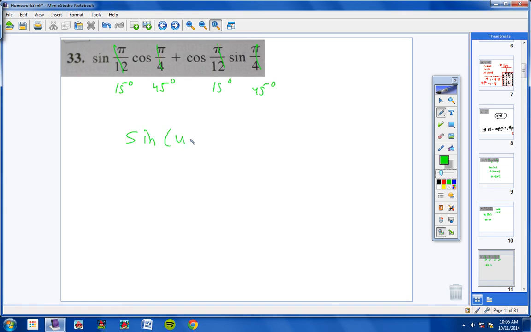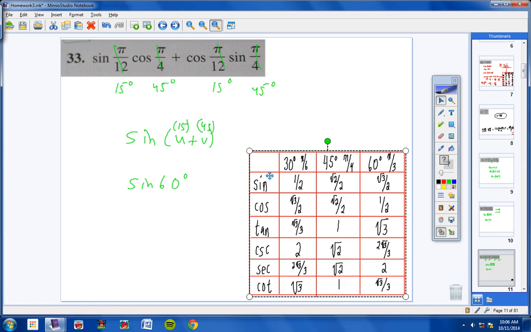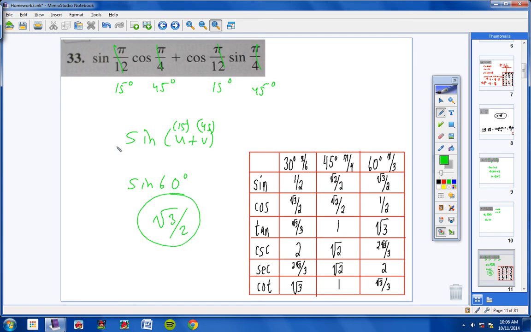Of course u is 15 degrees, and v is 45 degrees, and 15 plus 45 is 60, so we have the sine of 60. The sine of 60 is square root of 3 over 2, so we would have square root of 3 over 2 for an answer. All right, moving on to number 37.